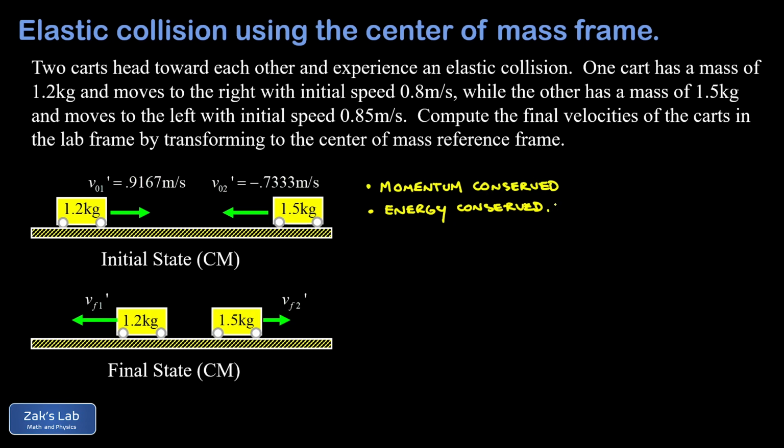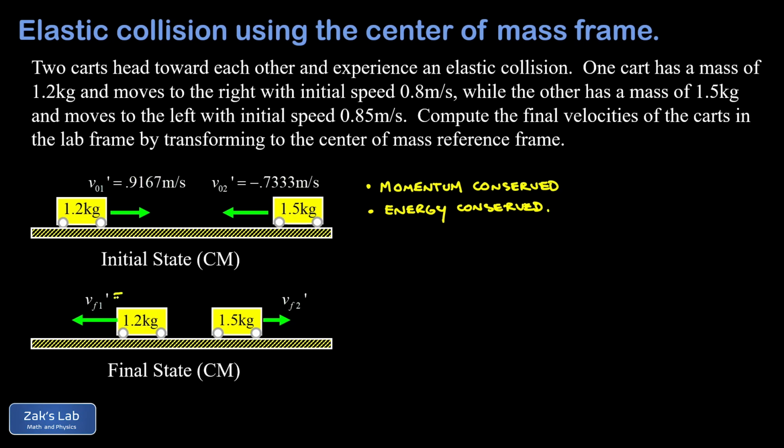But we also know the net momentum is zero. So the initial and final net momentum in the center of mass frame, those are both zero. So all we have to do at this point is simply guess what the final velocities are in the center of mass frame to keep the momentum at a net value of zero, but also conserve energy.